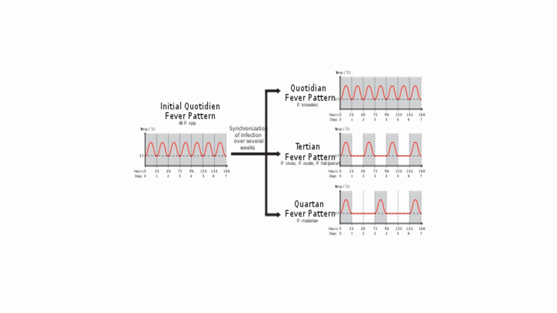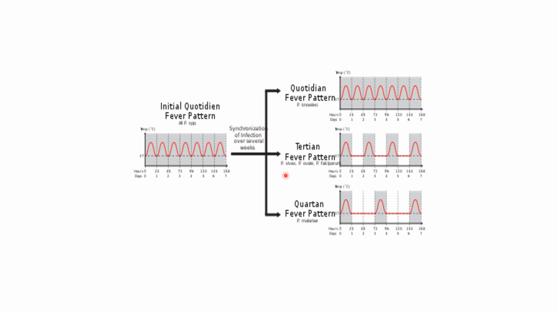So let's see. The most characteristic symptom of intermittent fever is the periodicity. The spike can occur each day at the same time, as you can see in the quotidian fever pattern, which is mostly seen in Plasmodium falciparum. So the spike occurs every day at a specific time and the pattern is repeated.